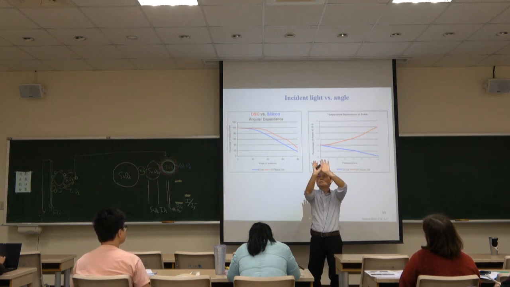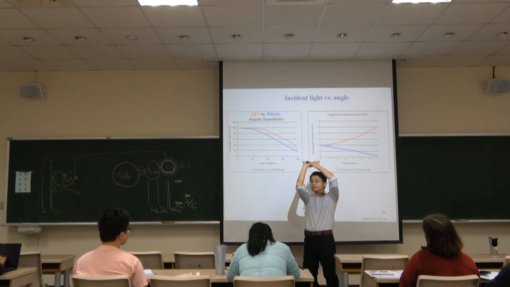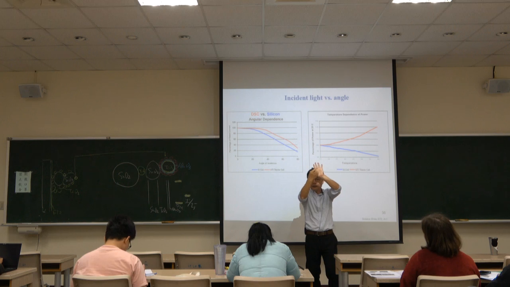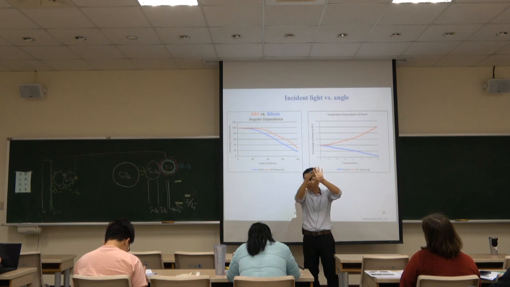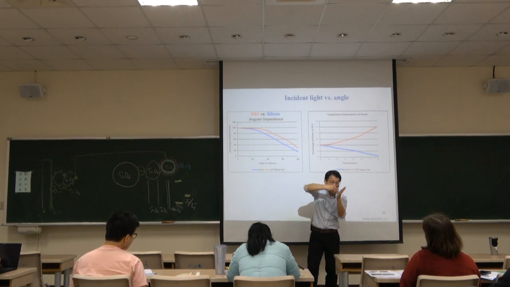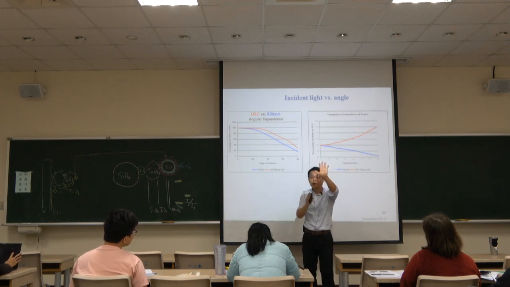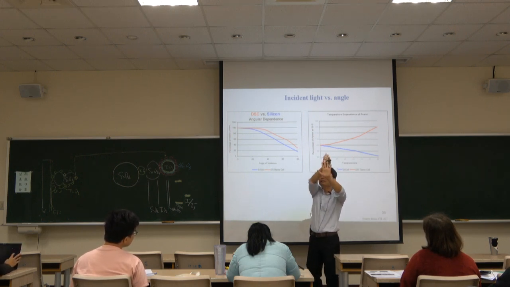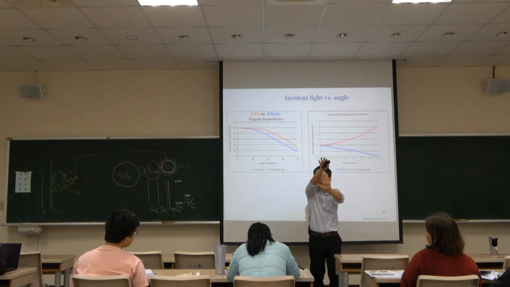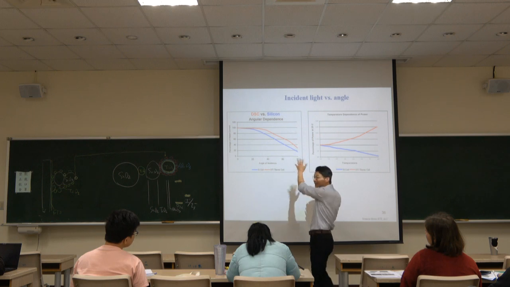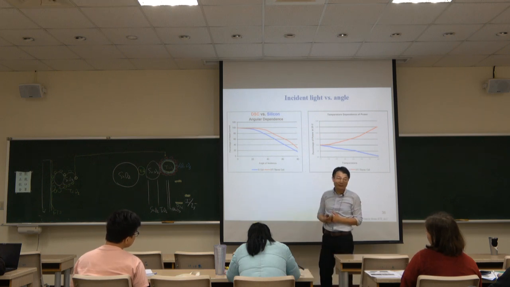A tracer follows the angle of the solar light, so the light always radiates onto the surface of the solar cell. So you can get a more optimal output. But if you don't have the tracer, for example in the morning the sun is right here, but in the afternoon it is another way, so you don't have the output, right?